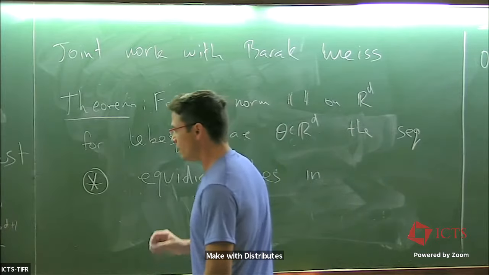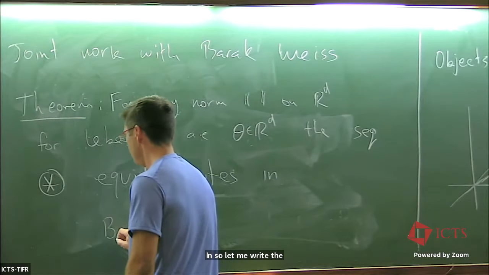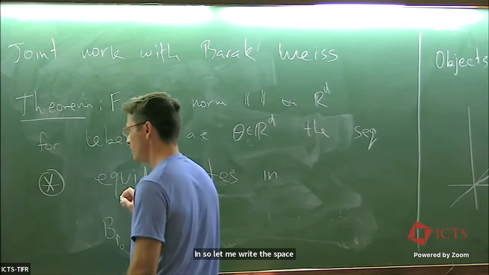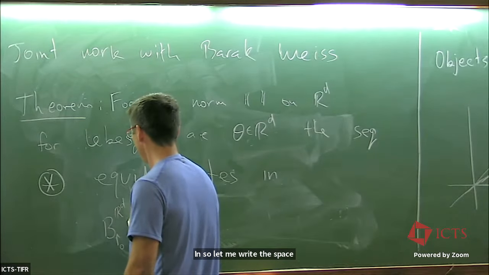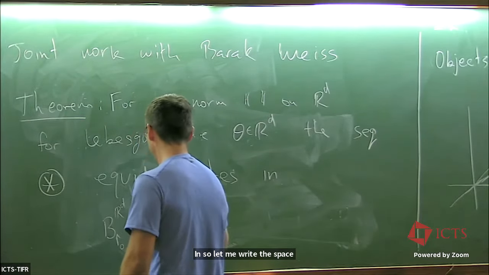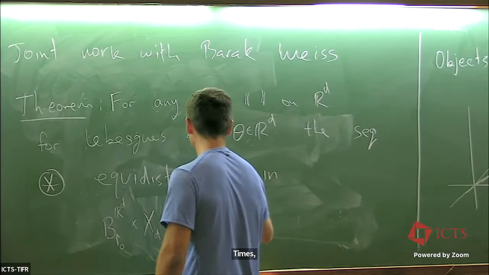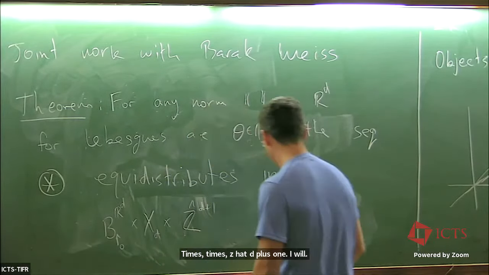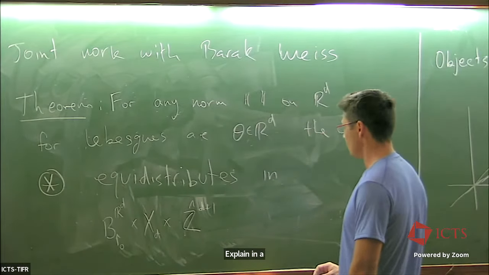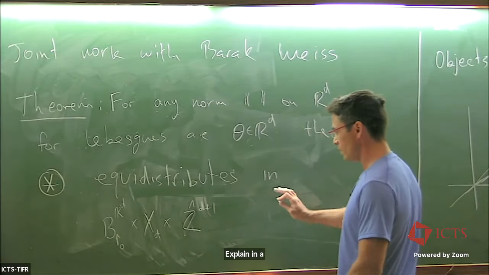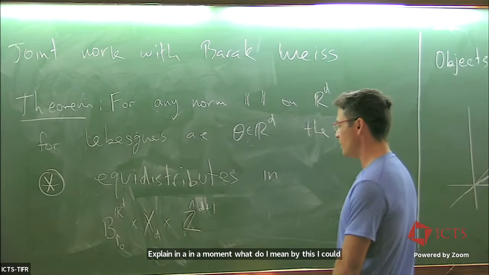in the space, let me write the space again, B_{R_0} in R^d times X_d times Z-hat^{d+1}. I will explain in a moment what I mean by equidistribute, because this is a misleading terminology.